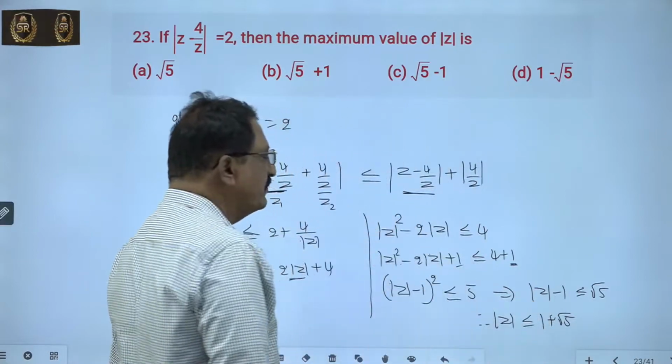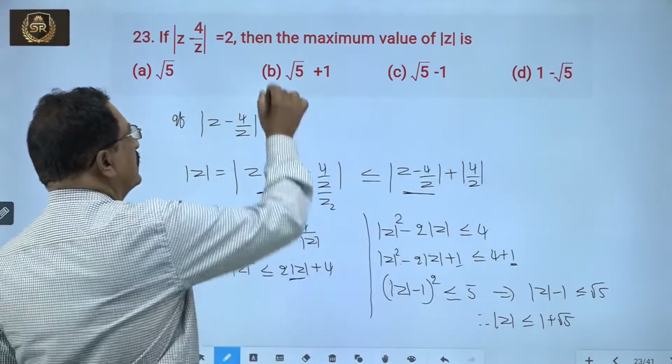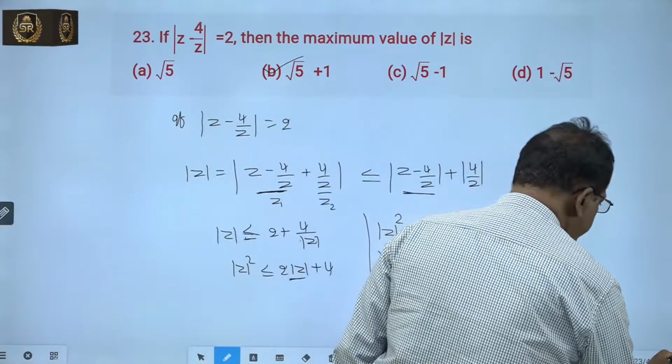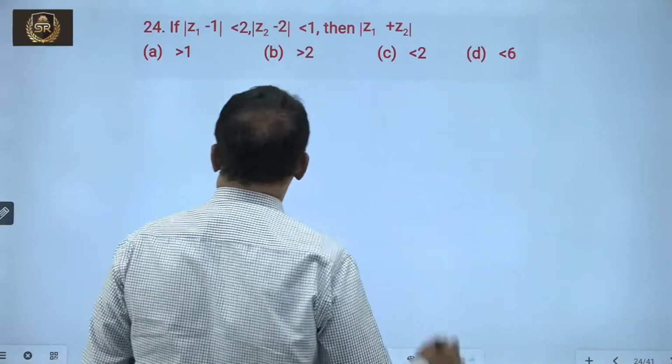Now here the maximum value is 1 + √5, or √5 + 1. Second option, option B, is correct. Next problem.